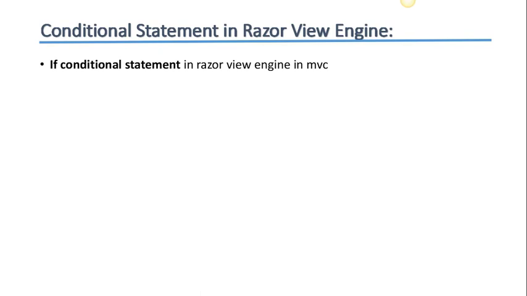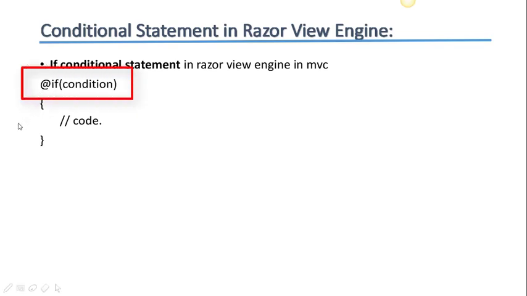There are two types of conditional statements: the if conditional statement and the if else conditional statement. First we are going to understand how to use the if conditional statement in the Razor view engine in MVC. In the previous tutorial we understood that Razor syntax always starts with @. You can see here the if conditional statement starts with @. The syntax of the if conditional statement is if, condition, curly bracket open and close.